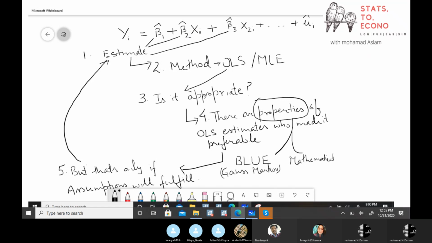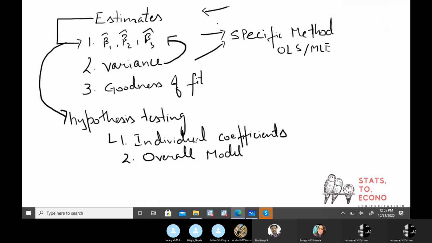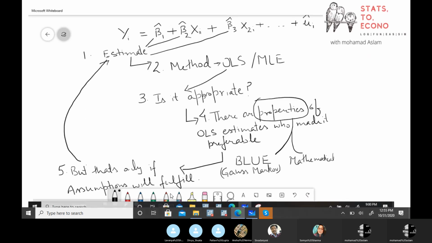This is a method. But since we are doing this with the sample, we cannot just jump to the conclusion. So in the end, we need hypothesis testing as well for all these estimates. That we will do after this first part. Now we are only left with the properties.